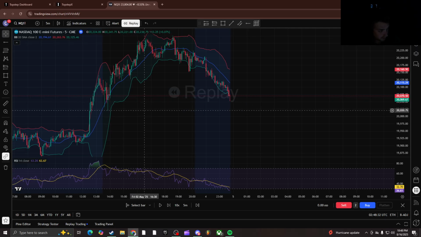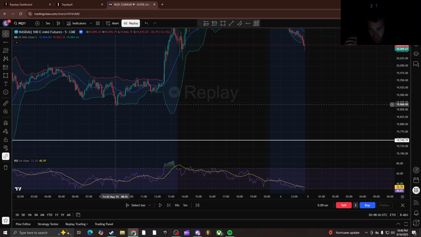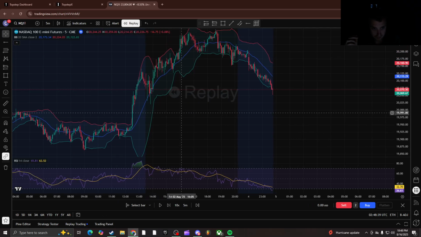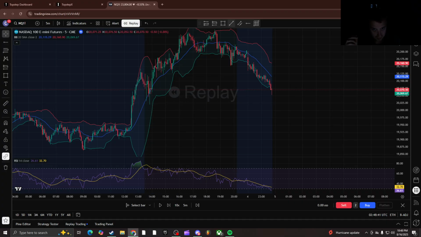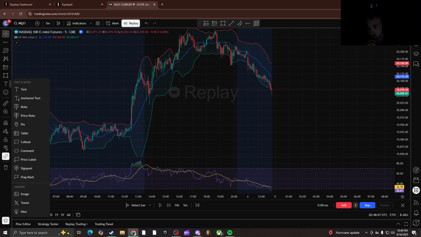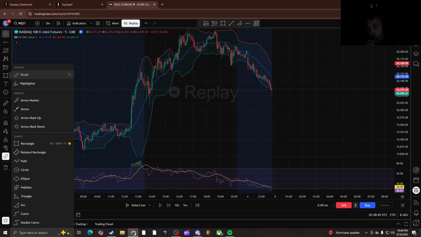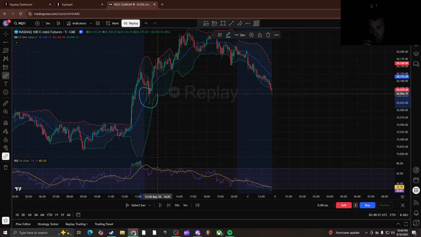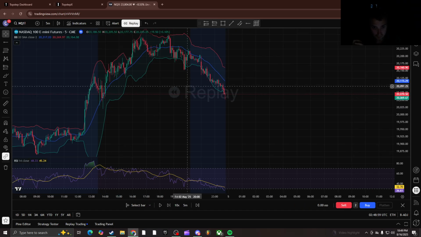For liquidity pockets, we're looking for wicks and lows, like V-shaped lows, but mainly wicks are a good indicator. Where's the tool here? One second, there we go. So this area, all these wicks here, is a good place to be looking out.